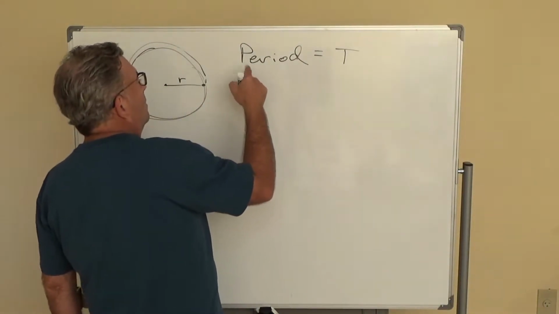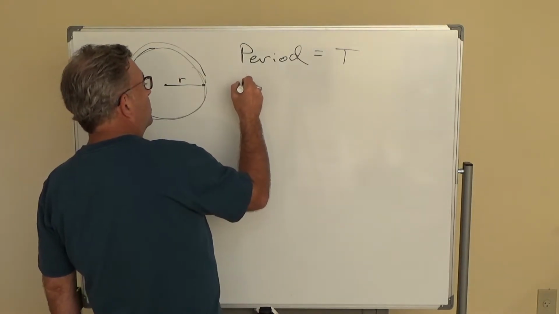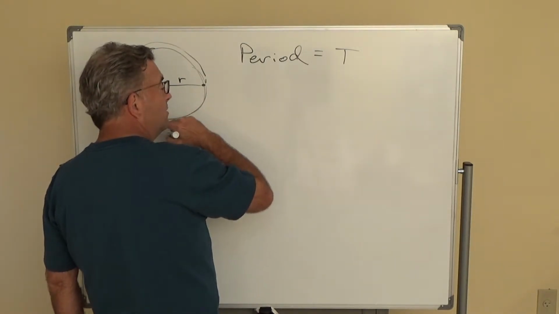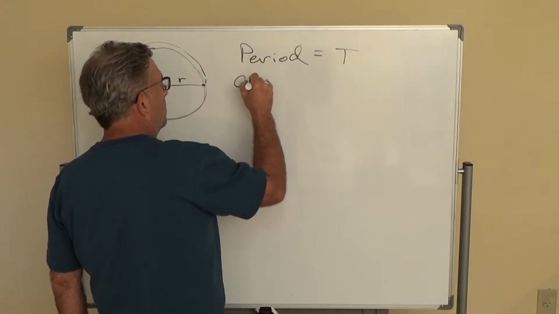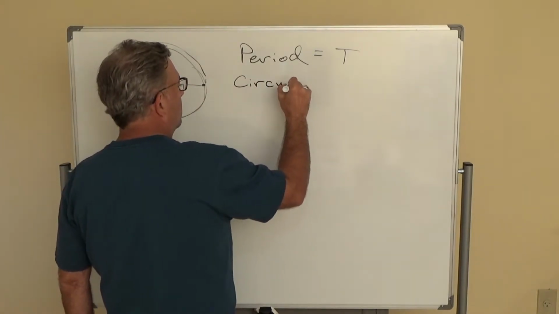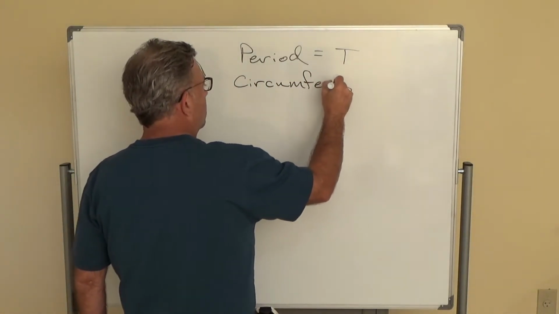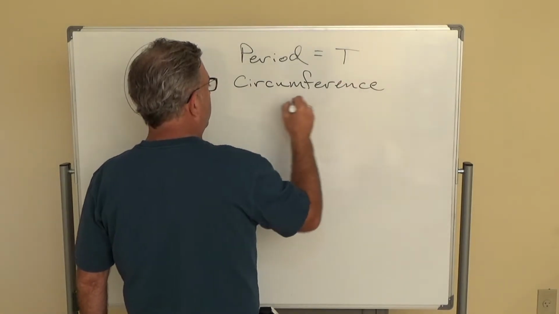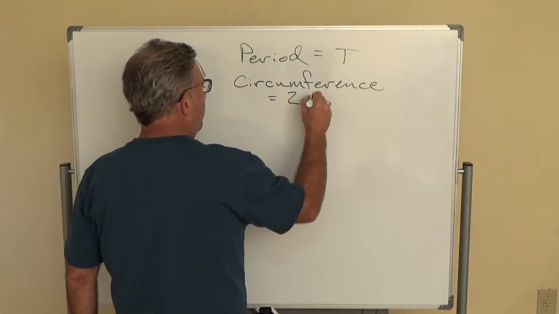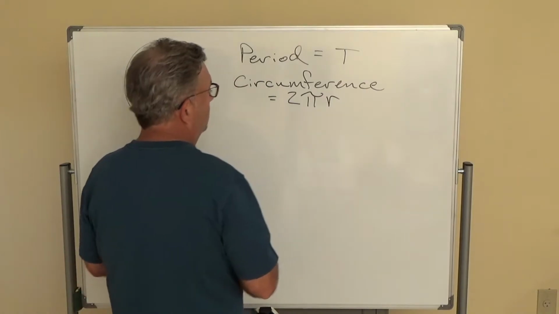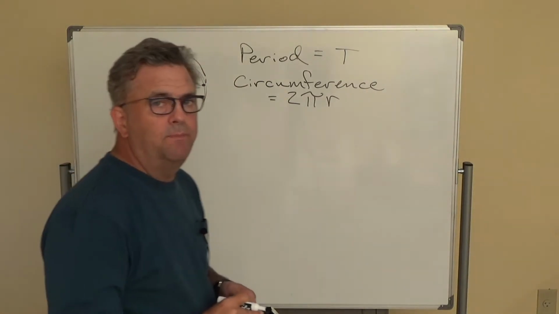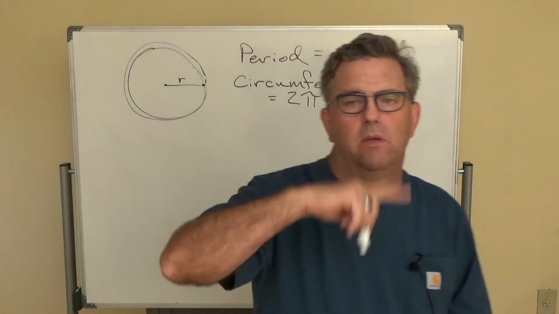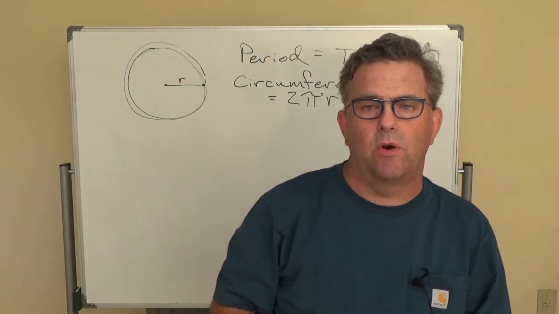So the distance around the circle, the circumference of the circle, is equal to 2 pi r. Take a circle, walk around in a circle.